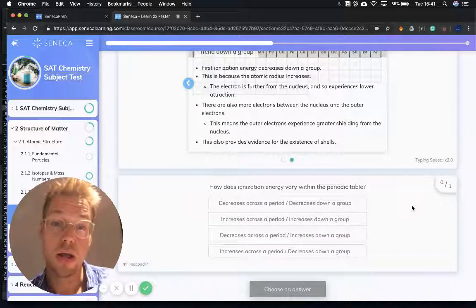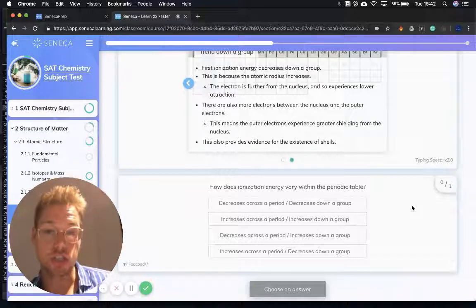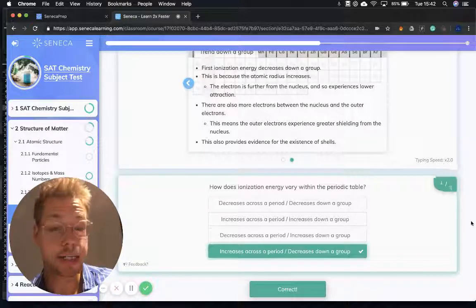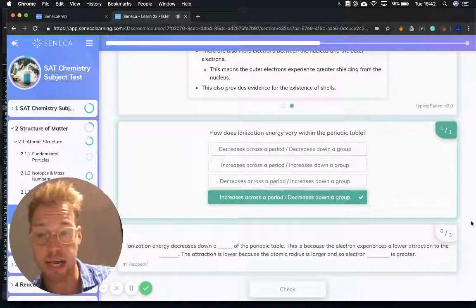Boom. So, quick question. How does ionization energy vary within the periodic table? It decreases down a group and it increases across a period. Remember that really common question on the SAT subject test.